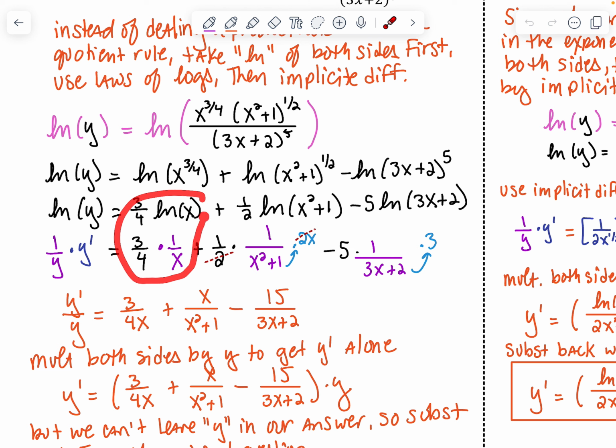When I go to take the derivative of an x variable, I'm just going to copy a coefficient. The derivative of the ln of x is 1 over x, and I don't need to put x prime because this would be like dx/dx. It just simplifies to 1. Again, I'm going to put my 1/2 out front.